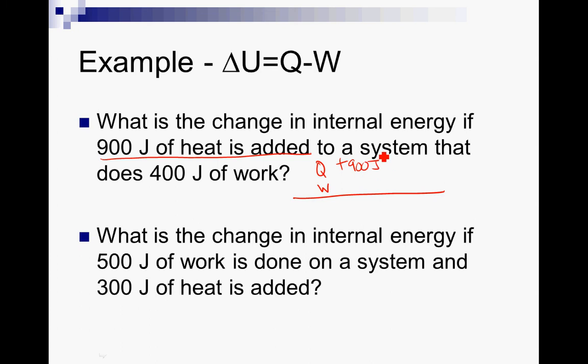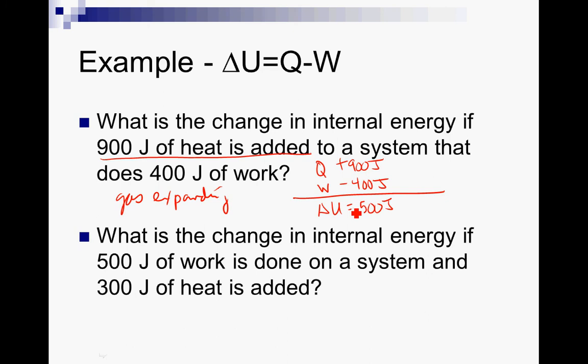And then the system does 400 joules of work, so the gas is expanding, doing work on its surroundings. Since expanding gas cools, we're losing 400 joules of energy. So our change of internal energy is 500 joules.